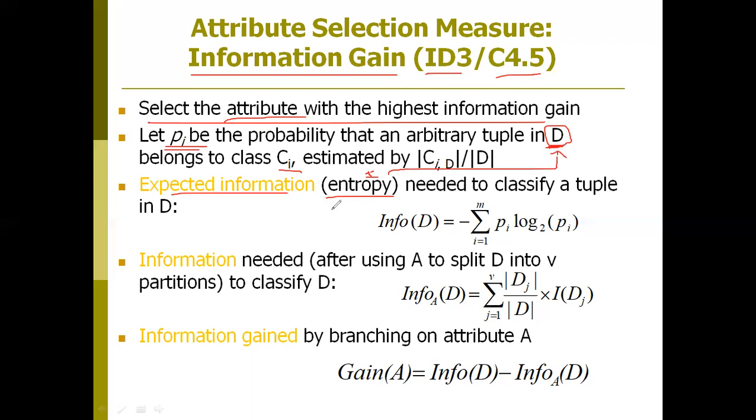What is the formula for this entropy? Entropy or information of D, you may call it information of D, in the sense of the total data set. Information of D equals minus sigma i equals 1 to m of probability of i, into log base 2 of probability of i.